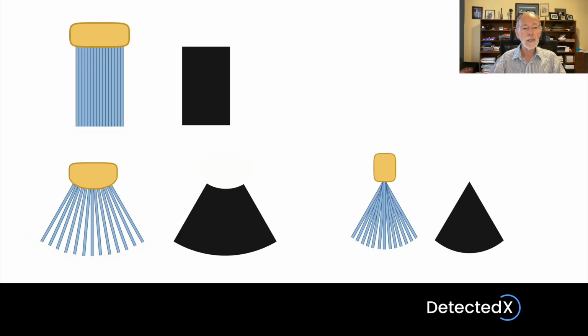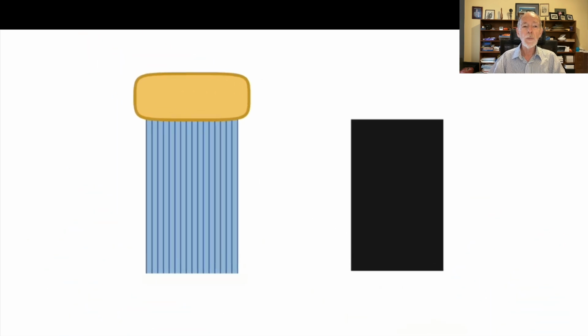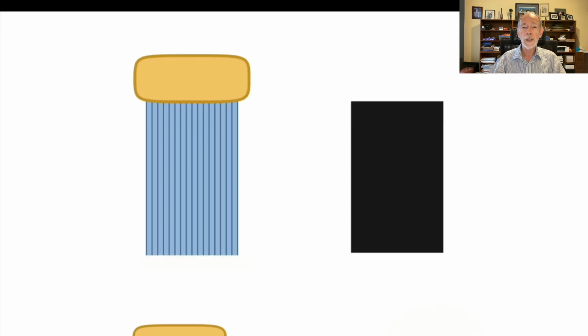So here I've now got a diagram showing all three of these standard probe types and their scan patterns. So, to repeat, on the top left we have the linear probe producing a rectangular scan format.